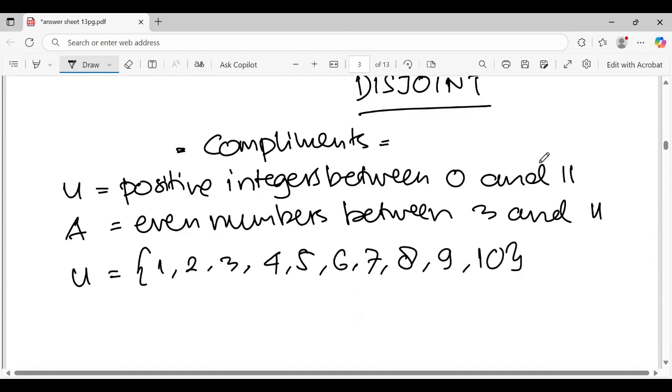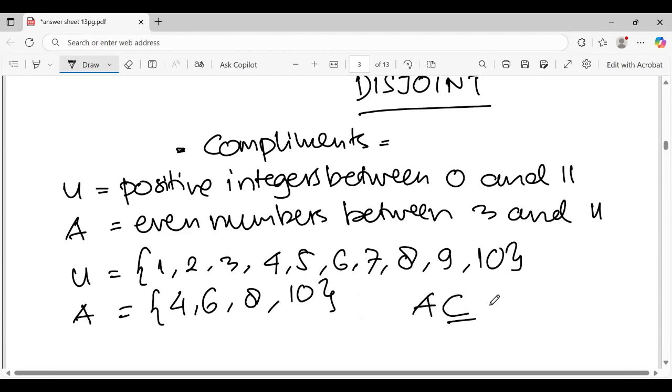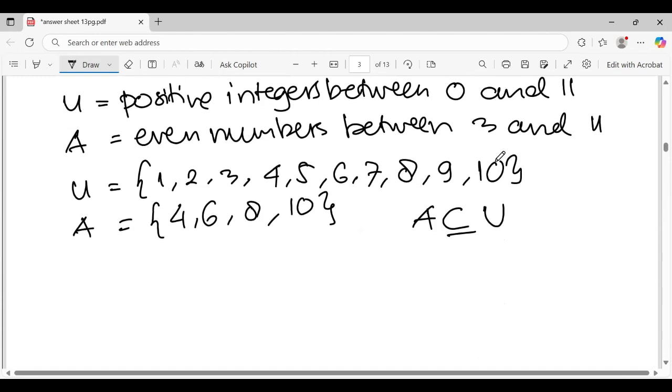Not including 0 and 11. So it means A are 4, 6, 8, and 10. Between 3 and 11. So we can state that A is a subset of U. A subset of the universe like this.